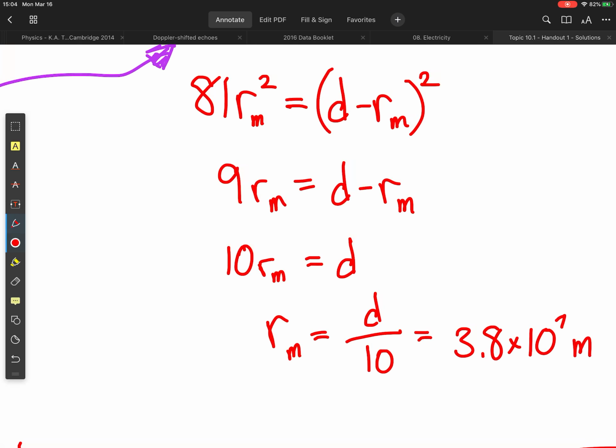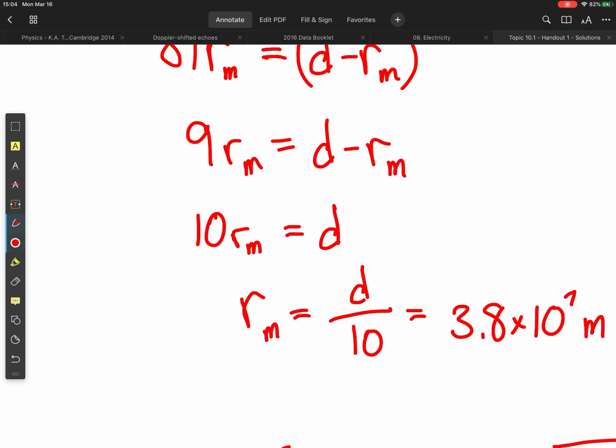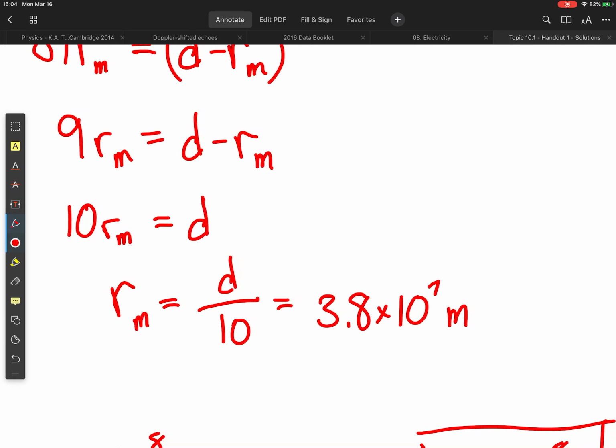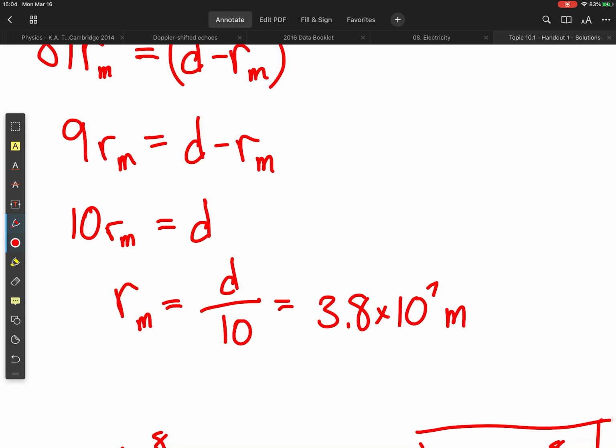And we get r sub m here in terms of d, and we'll find that the distance to the moon from point P is equal to 1/10 the total distance between the Earth and the moon, which is given by 3.8 times 10 to the 7 meters.